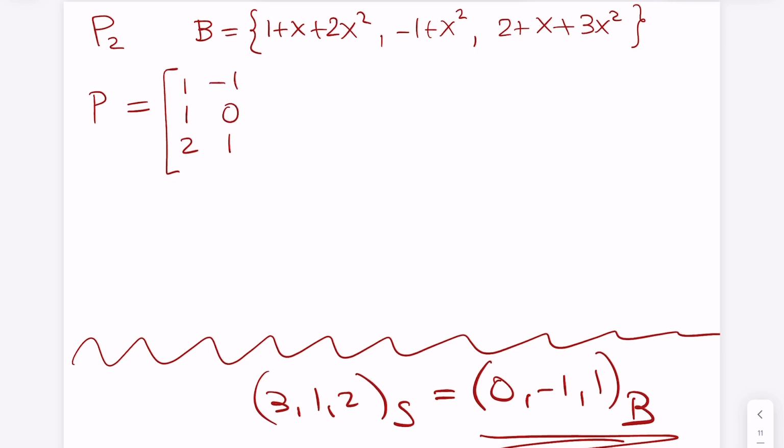And the third vector is 2, 1, 3. So that's P directly, without having to calculate anything in any other basis, just directly writing the things as columns. And then what we need is to invert this matrix. So let's calculate the inverse by any of the methods that you know for calculating inverses.